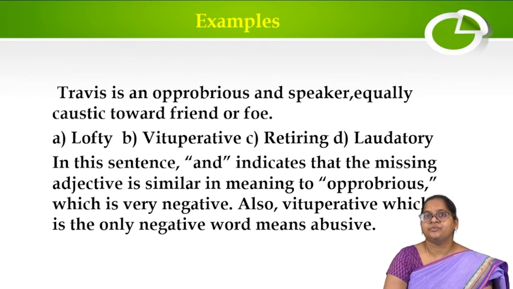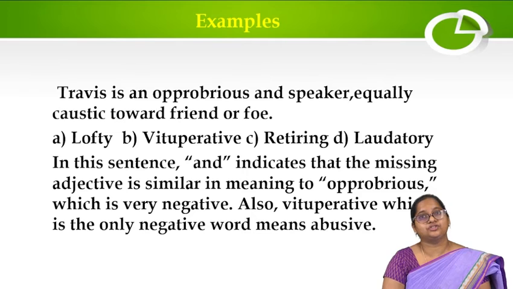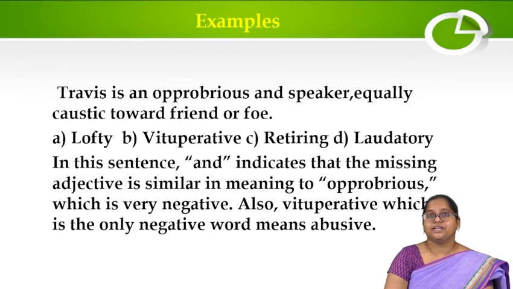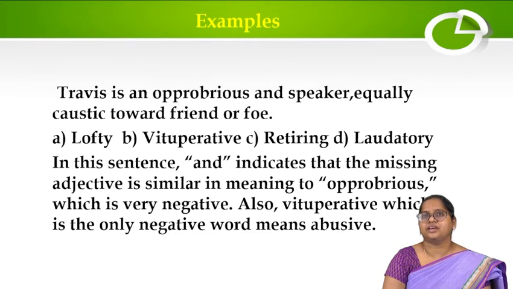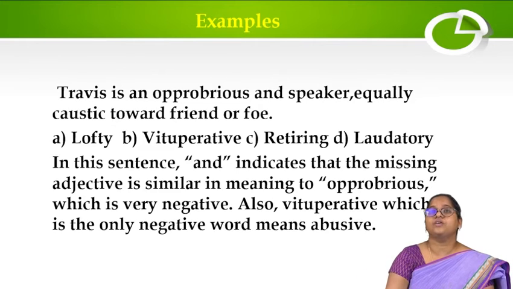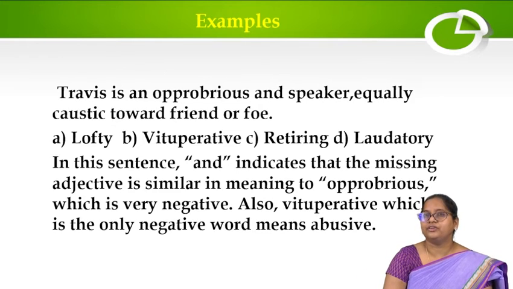Now let's see: Travis is an opprobrious speaker, equally caustic toward friend or foe. That context is talking about some kind of negative situation.